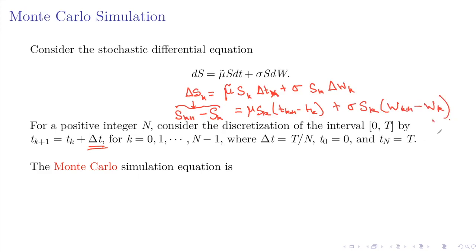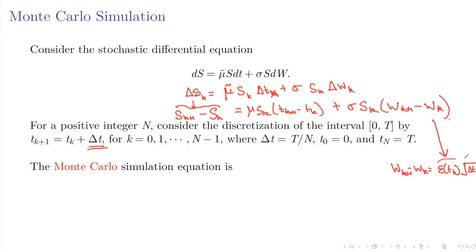If you recall, the way we defined the Wiener process W is as a random walk, given by W_{k+1} minus W_k equal to epsilon_k into root delta t.